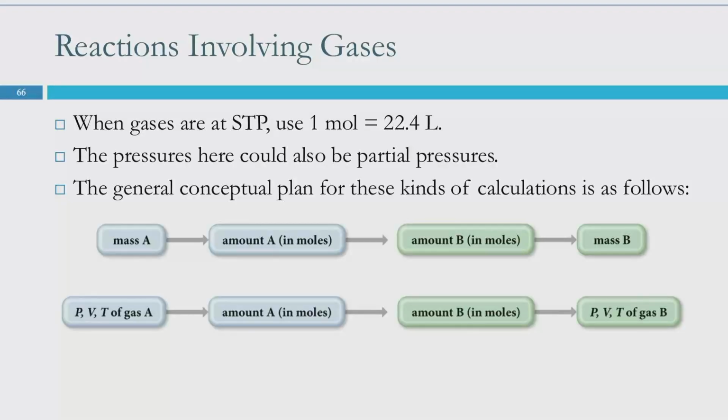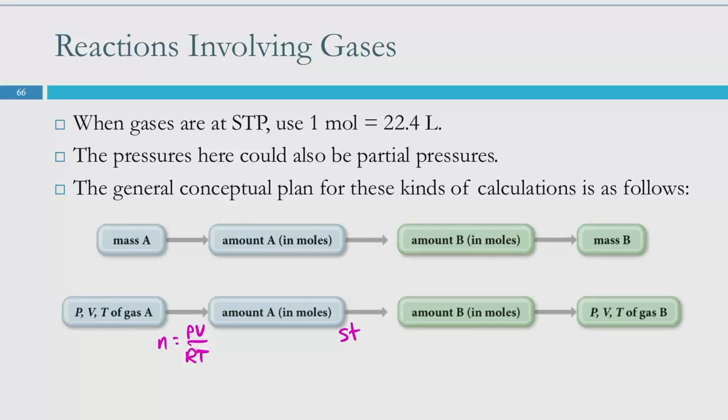However, since we're working with gases, oftentimes you'll be supplied pressure, volume, and temperature of a gas, and then we can find the number of moles with n equals PV over RT. That'll get us to the amount of moles of that gas that we have.